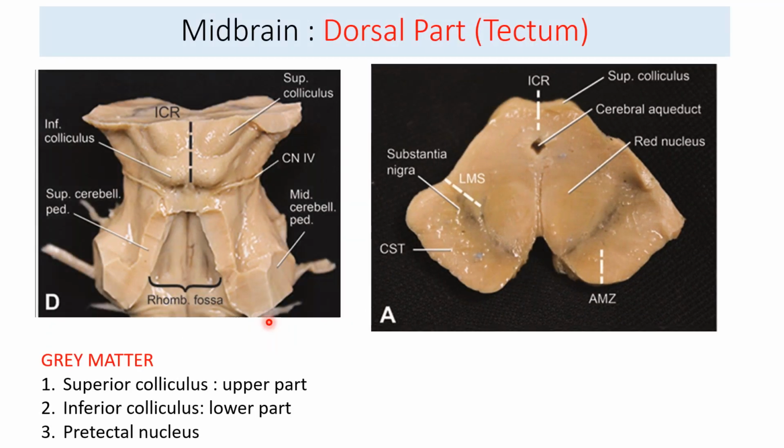Now, if we look into the dorsal part, the tectum area behind the cerebral aqueduct, we can find certain gray matter nuclei. This is the superior colliculus in the upper part, which is involved in visual reflexes, and the inferior part, which is the inferior colliculus. Also lying in this area is the pretectal nucleus on both sides.